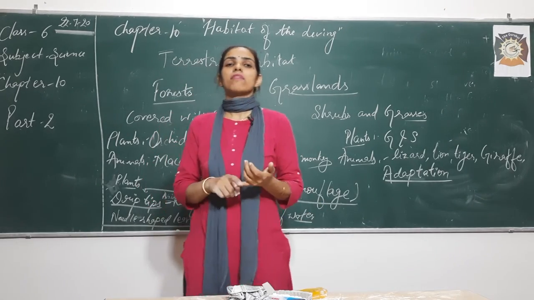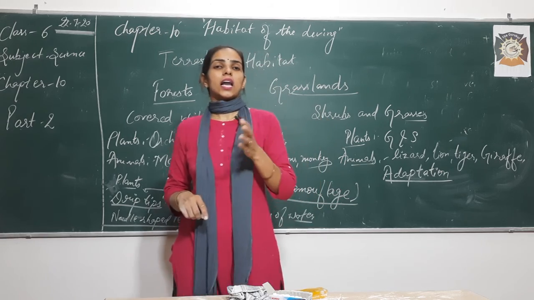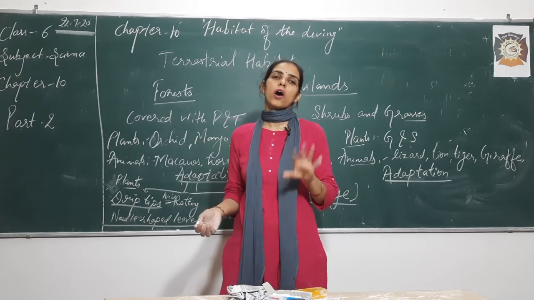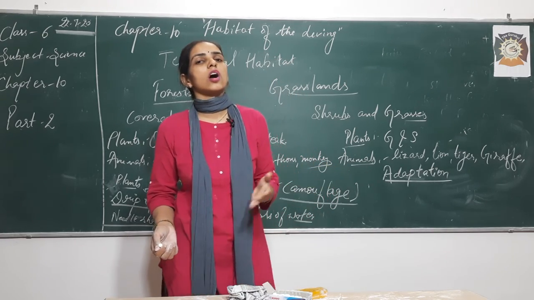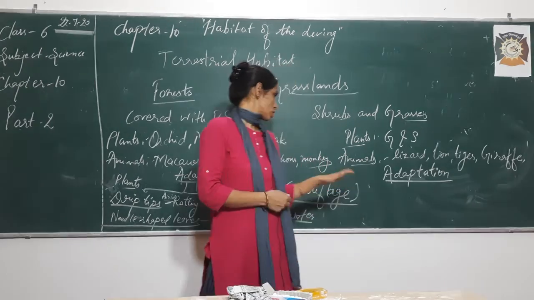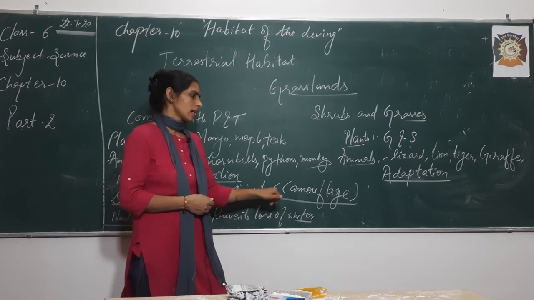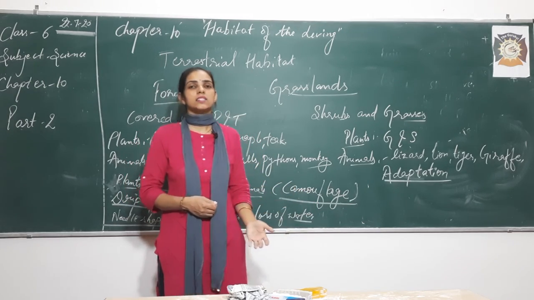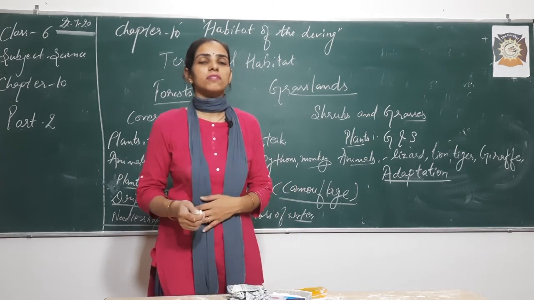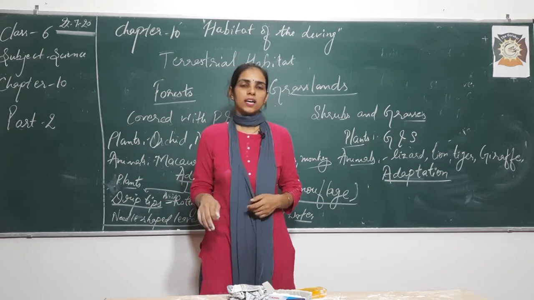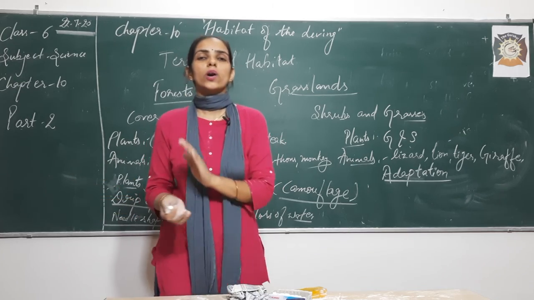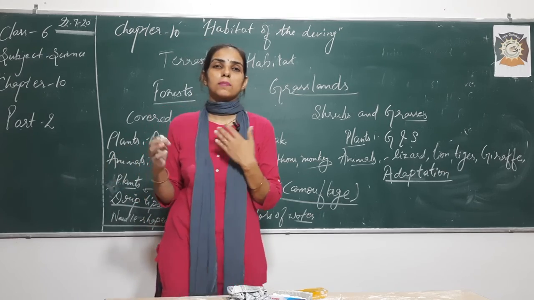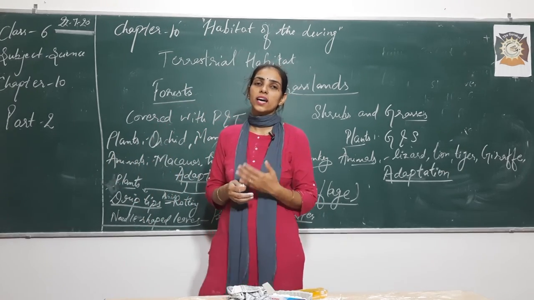Camouflage means blending of body color with the surroundings. So these animals show camouflage, that means their body colors get mixed with the surroundings. And if their color or shape gets mixed with the surroundings, you will not be able to recognize easily that some animal or insect is sitting over there, right?